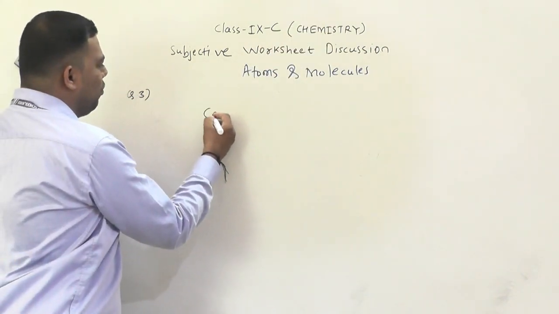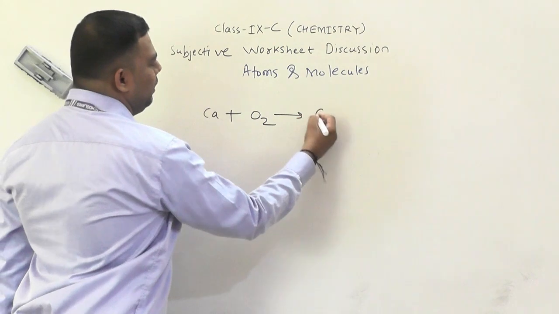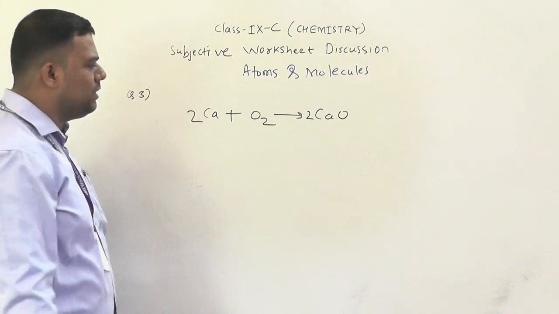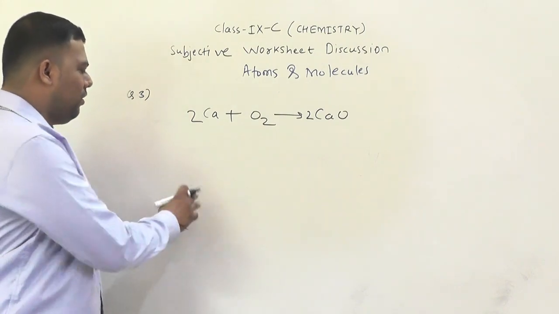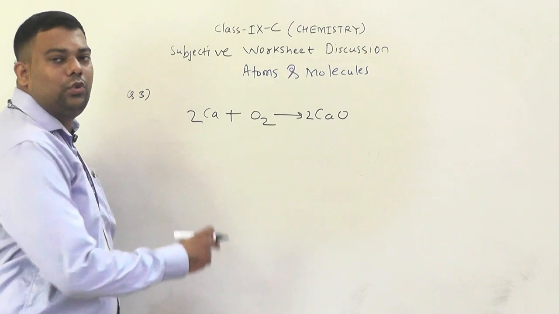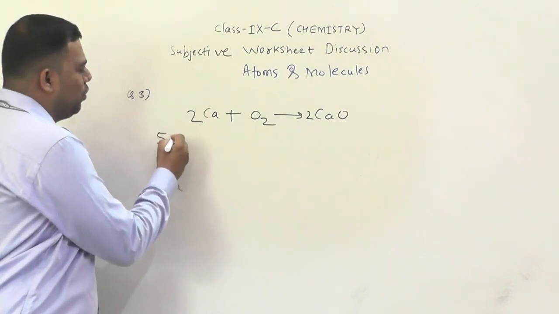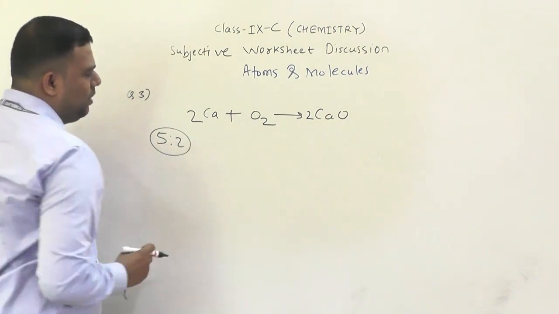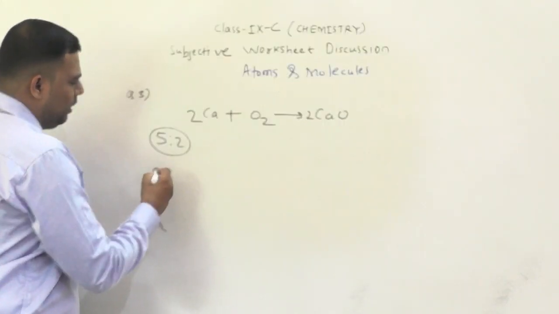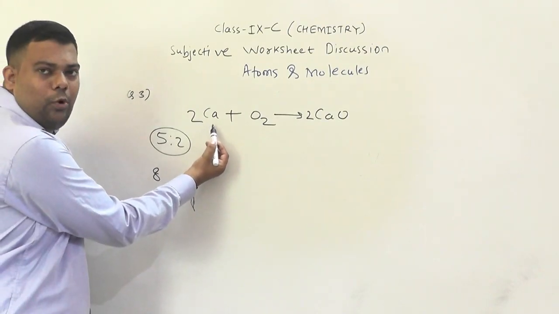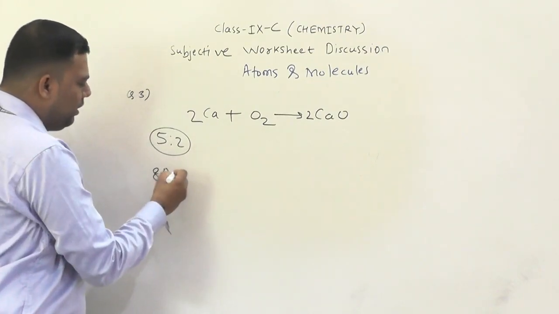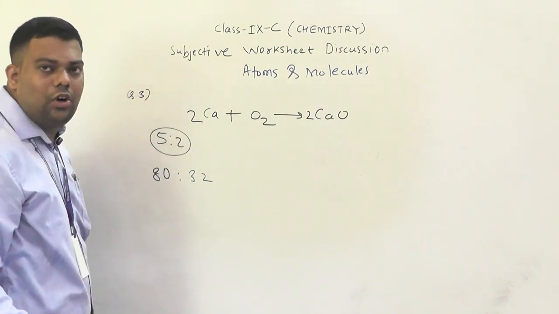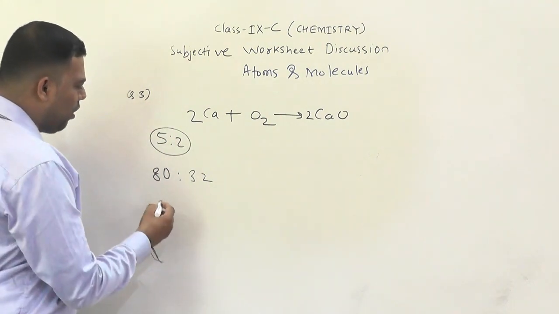For that, first you have to write the reaction: Ca plus O2 gives CaO, and we balance this. Now, how does this 5:2 ratio come? 1 calcium is 40, so 2 calcium is 80, and 32 is the atomic mass of oxygen gas O2.